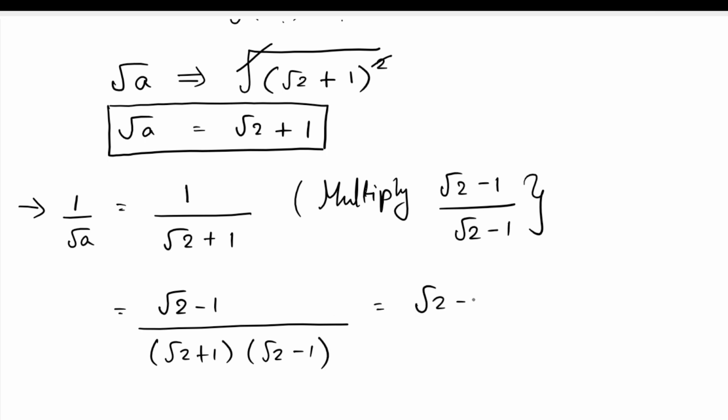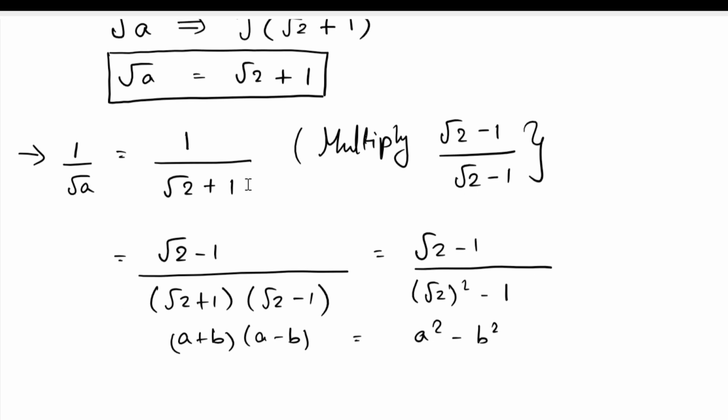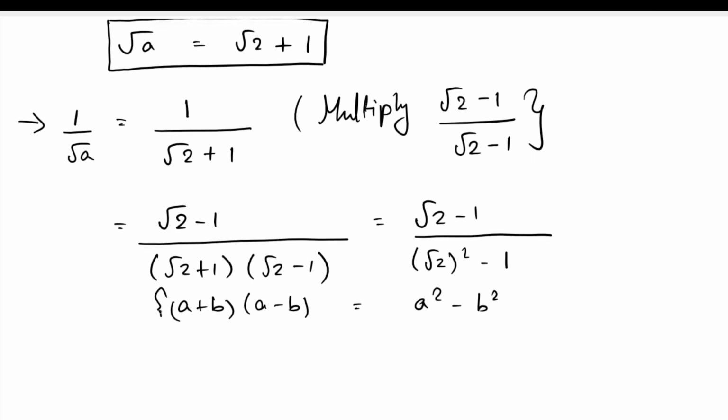So this will be root 2 minus 1 divided by, this is in the form A plus B into A minus B, which is equal to A square minus B square. So A is root 2, A square is root 2 square, minus B square is 1 square, which is 1. So we get root 2 minus 1 divided by, here root and square will get cancelled. So in the denominator, we get 2 minus 1.